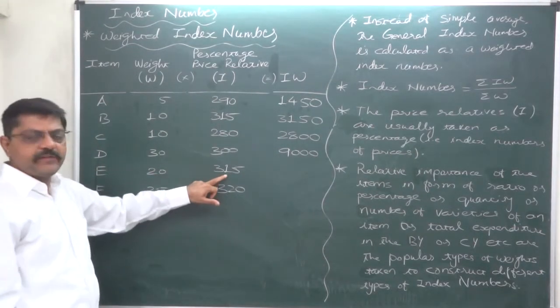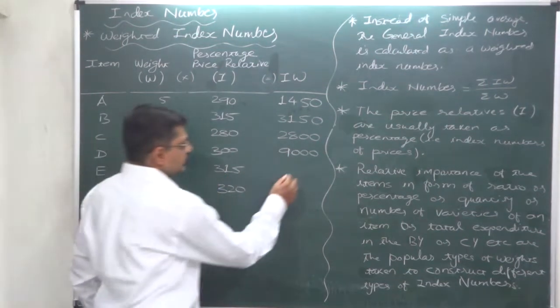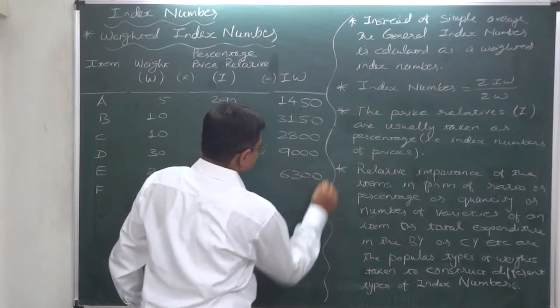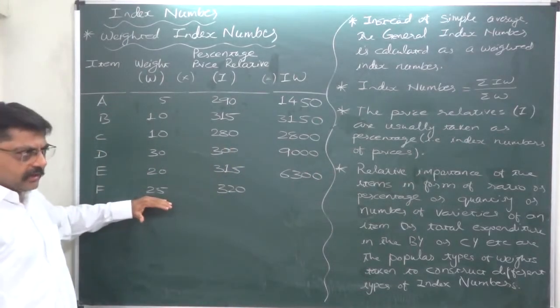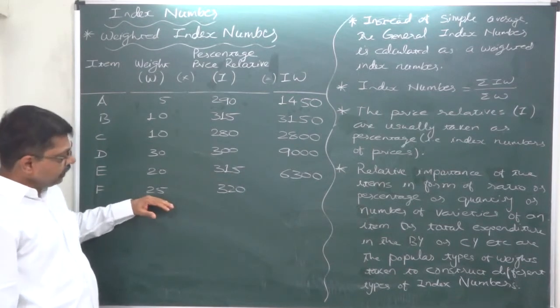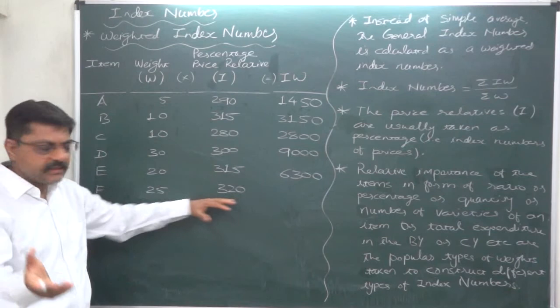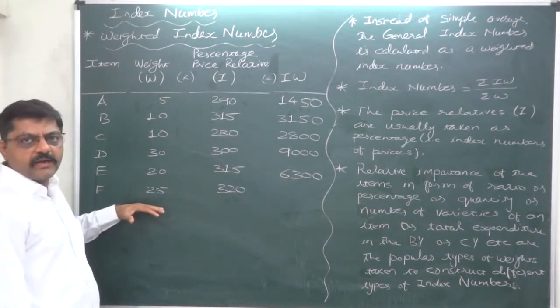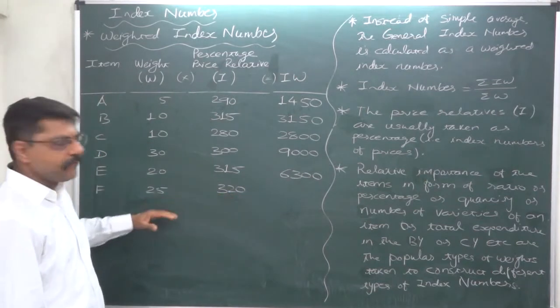First 315 into 10, 3150, and then into 2, 6300. 320 into 25. There are so many ways. First way is multiply this by 100, that will become 32,000, and then divide it by 4, because 25 is 100 by 4. So 32,000 divided by 4, 8,000.